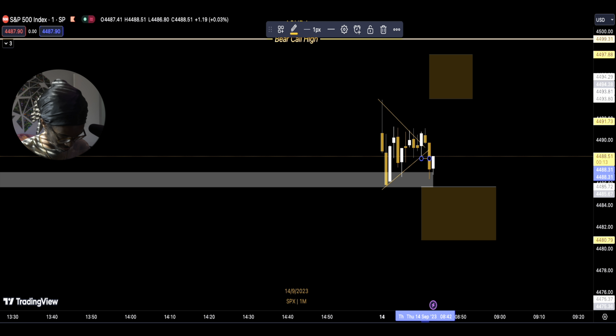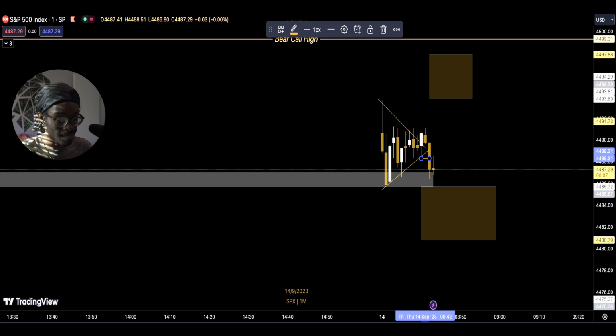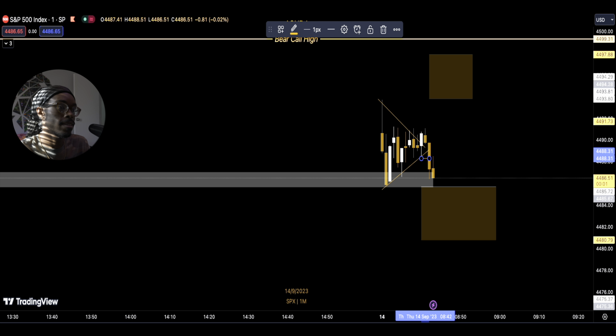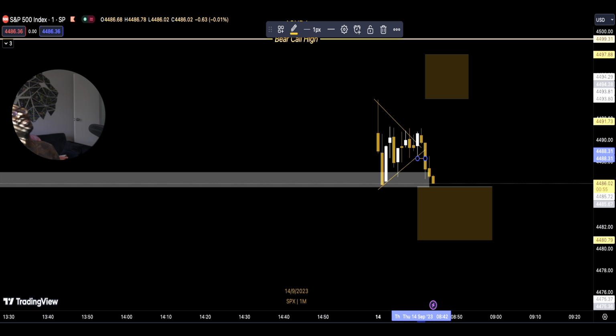Man, this is the retest. I want the down. Just give me the down. Thank you. Now close below that. Oh my God. This is the candle. If we get this break right here, I'm calling it. This is the candle.